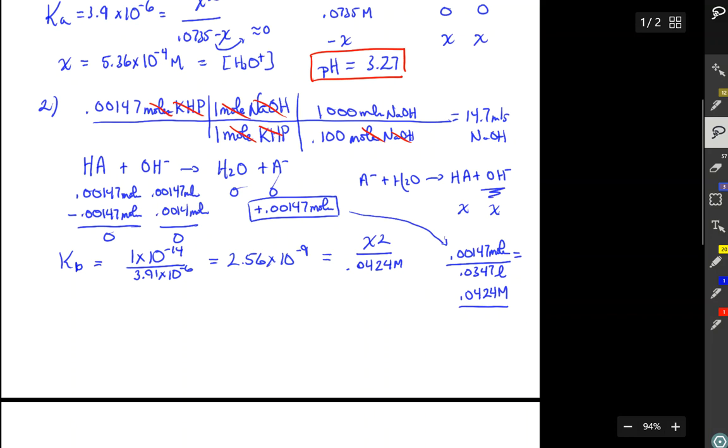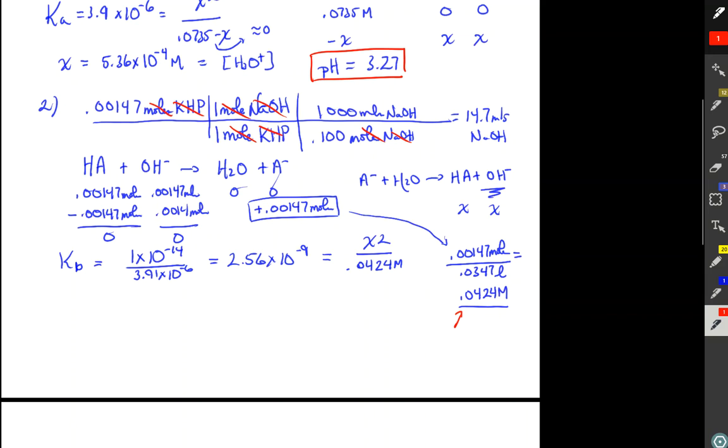Okay, at the end of our last video, this is pretty much where we were. What I have here is the molarity of our acid. So this is what we can do.